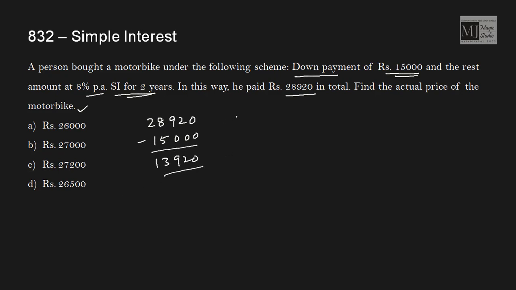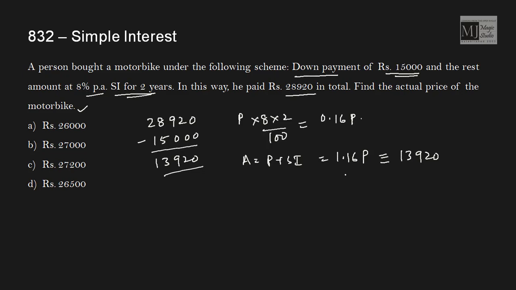Suppose the loan amount was P, then interest paid on P was 8 into 2 by 100, that is 0.16 P. So amount is principal plus simple interest, that is 1.16 P. Now this should be equal to 13,920.